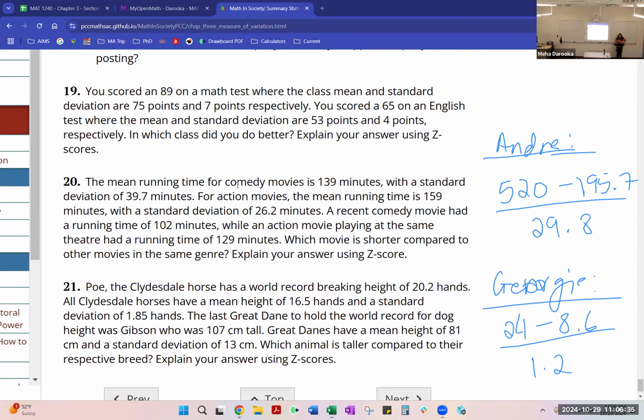I think this might be it. We're looking at running time of movies. So let's pick one of those examples.